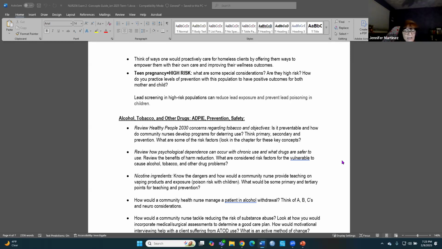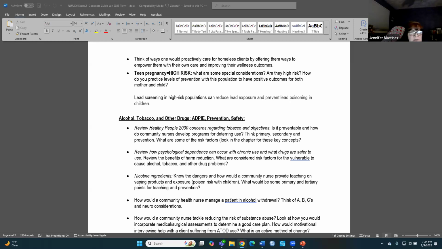Although tobacco and alcohol are legal, that doesn't necessarily mean that they are safe to use, right? And that's why we have the Surgeon General warnings, in order to help deter people from starting to use these products.